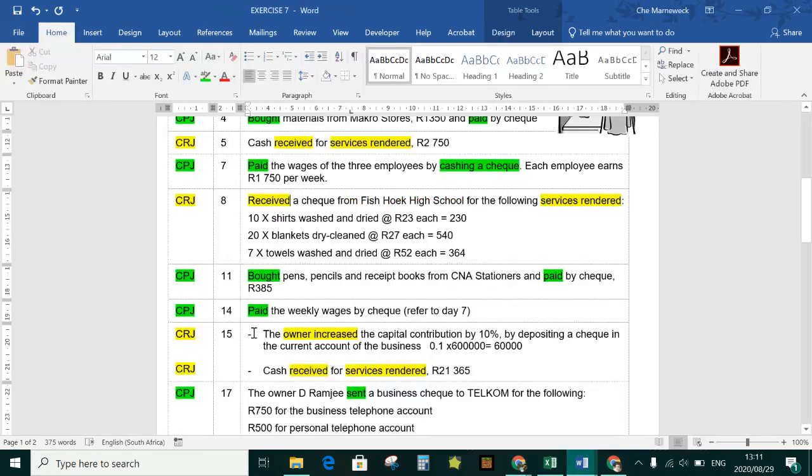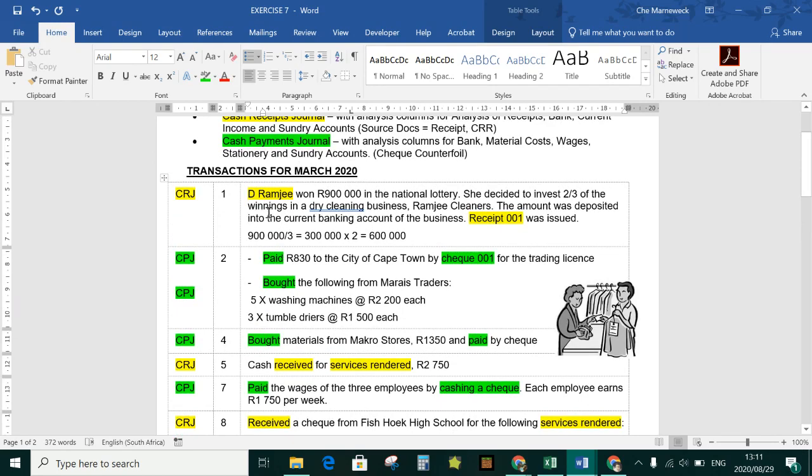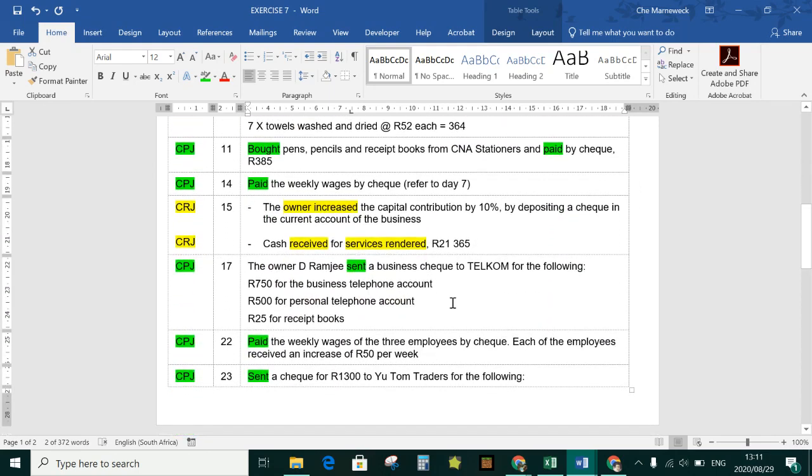We're looking at day 15. The owner increases their capital contribution by 10% by depositing a check in the current account of the business. So how much was the capital contribution? Well, we worked that out in day 1 and we worked out the value to be 600,000. So now we want to work out 10% of that amount.